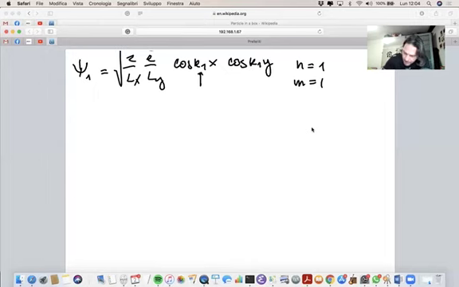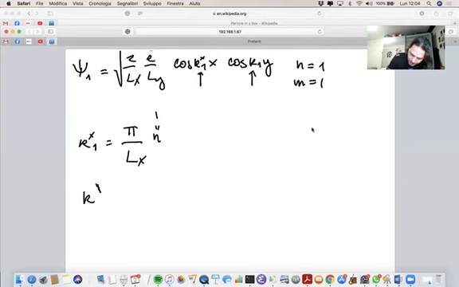Well, this k1 and this k1 may be different, because k1 for x was pi over Lx times n equal 1 in this case, while k1 for y was pi over Ly, the size along the y direction, and n equal 1.